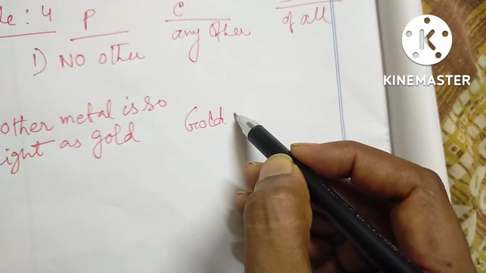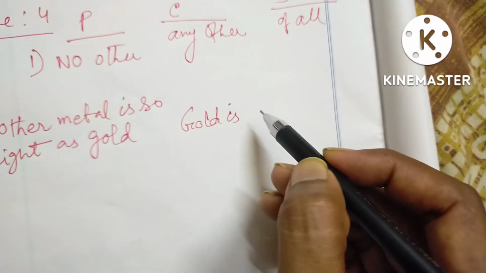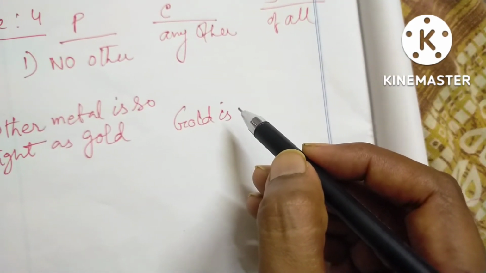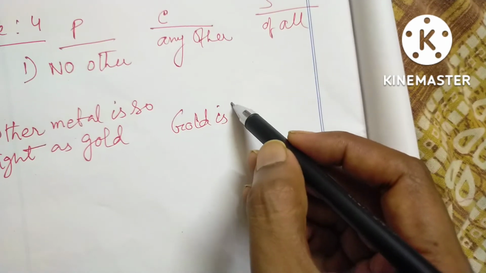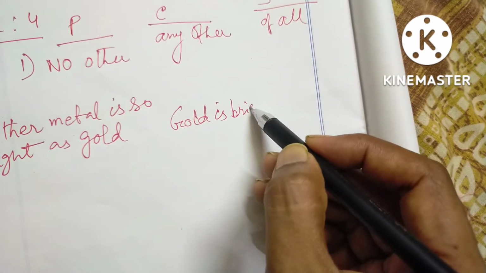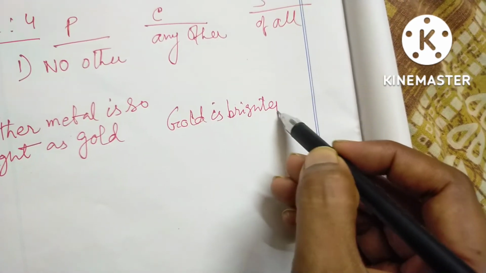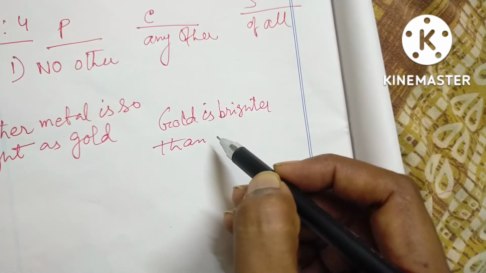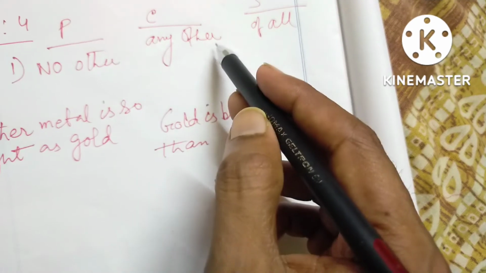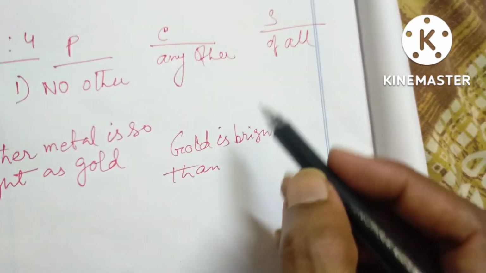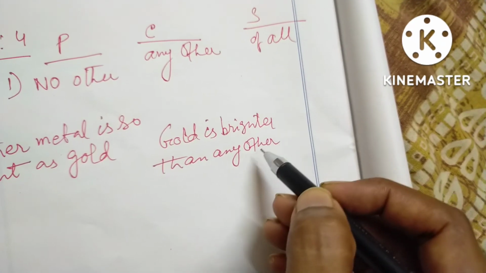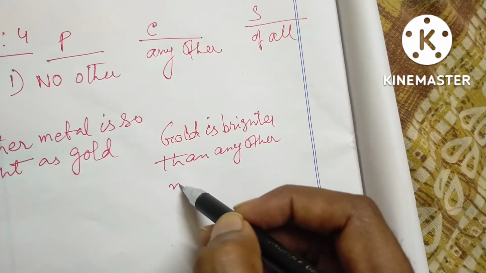Gold is, then the second form of degree, brighter, brighter than any other. This is important. Any other metals.